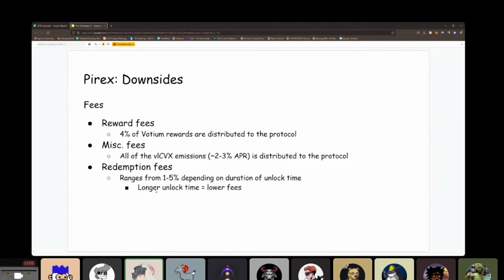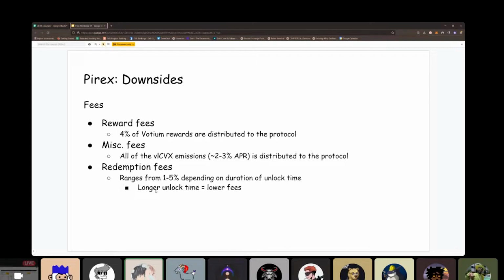So what are the Pyrex downsides? As Funky just mentioned and has shown in his calculator, there are fees for the protocol. Comparing strictly locking with Convex to Pyrex, we're still offering roughly the same yield.